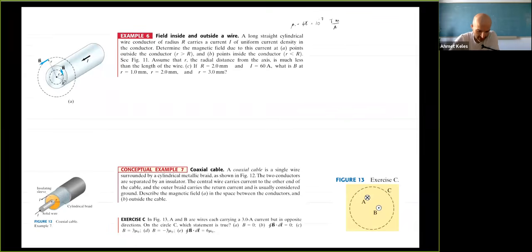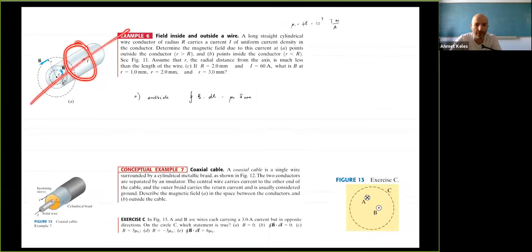So let's start with A, outside. What we said is that the line integral of B dot dl should be equal to mu 0 times I enclosed. I choose a path like this. It could be any path.